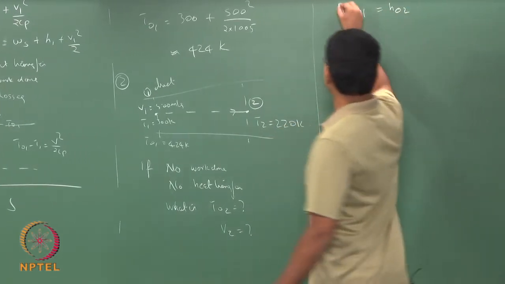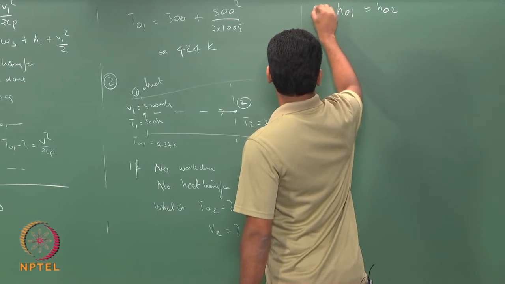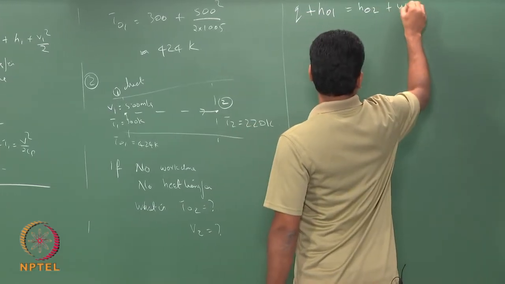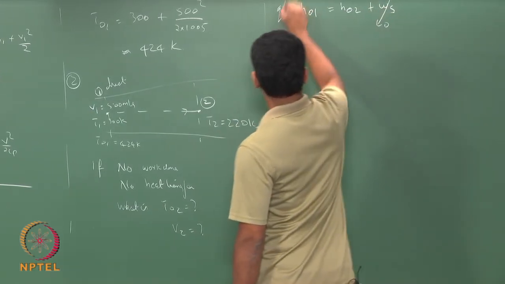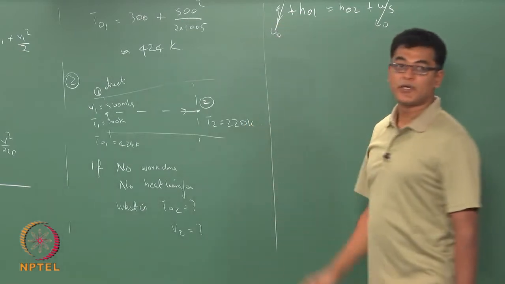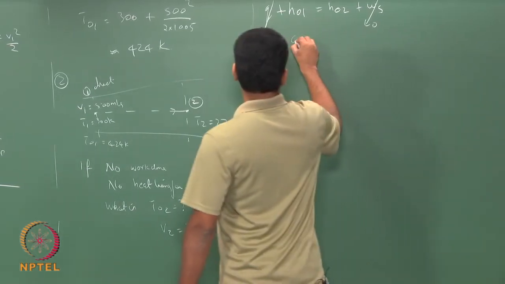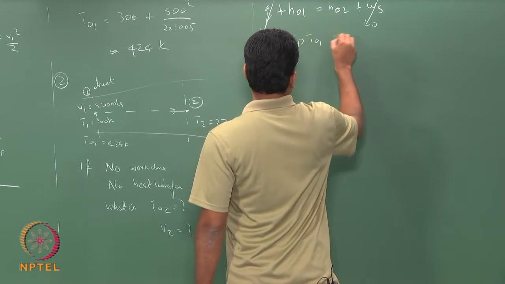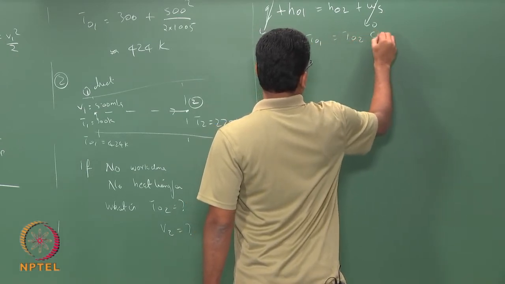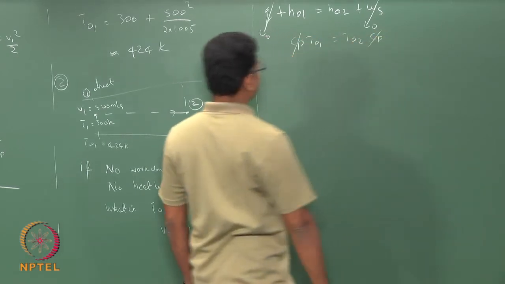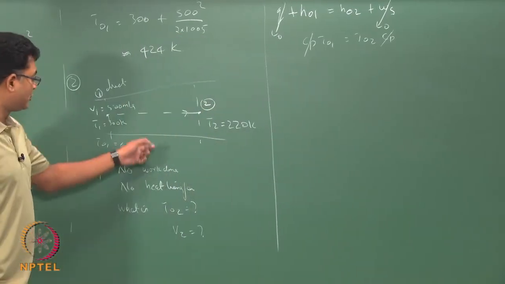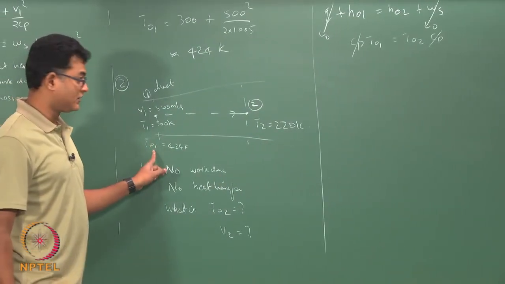How did I get that? From the energy equation where I assume this to be 0. So, I end up with H01 equals H02, which is nothing but T01 equals T02. Okay. So, my T02 is the same as my T01.